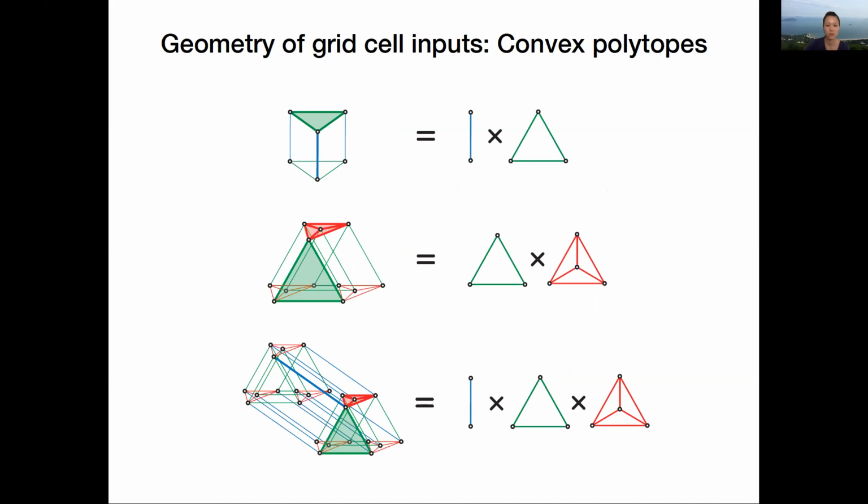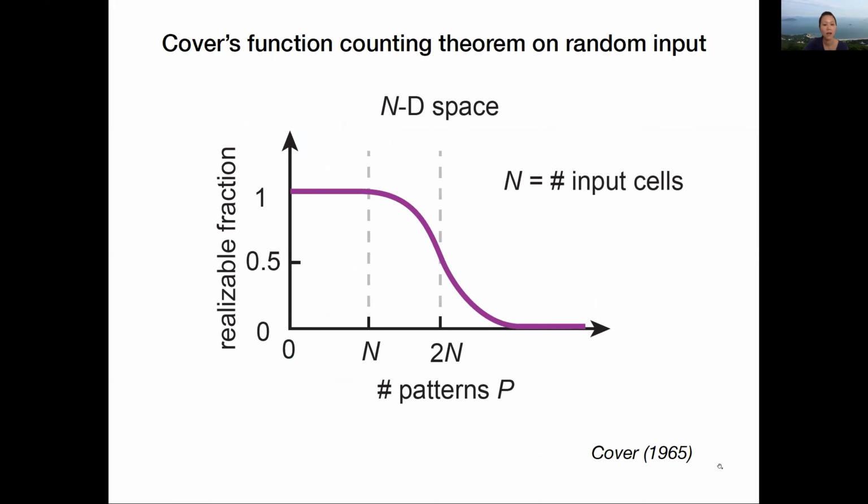More generally, the set of grid codes are vertices of a convex polytope. This holds true not only for periods 2 and 3, but also for other values of periods and a different number of modules. And we can count the number of arrangements that are realizable. Indeed, in 1965, Cover did this for random input.